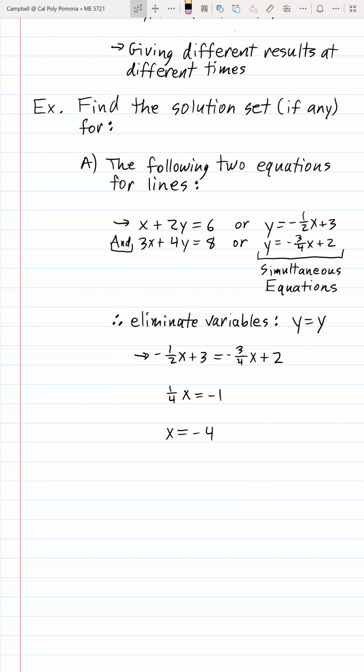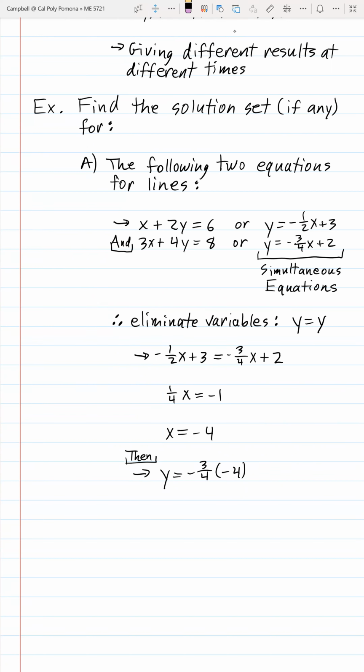Once we eliminated one variable and found the other, we then had to go back and find the value associated with the other variable that is consistent with the value for the variable that we found. Here I just elected to use the second equation since we had a 4 in the denominator and x turned out to be -4.